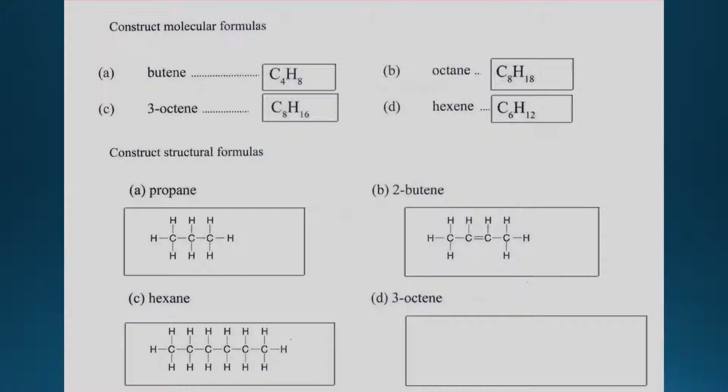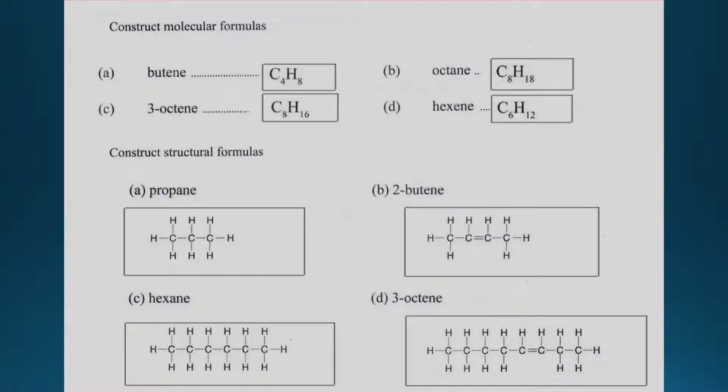Hexane, single bond. 3-octene, 8C, position 3 double bond. Now octene, be careful. Let's count. It should require 8: 1, 2, 3, 4, 5, 6, 7, 8. So this is position 3: 1, 2, 3.